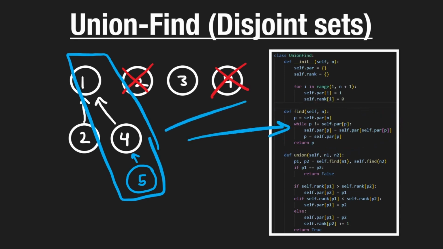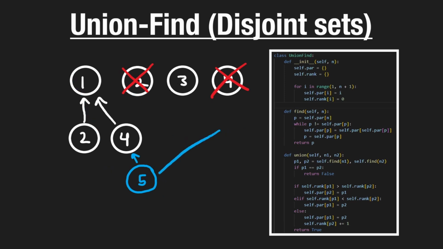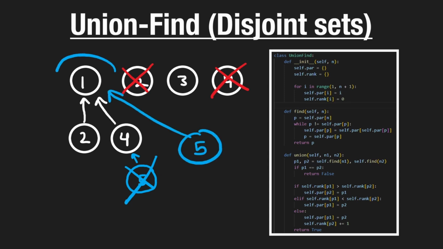So why shouldn't we do it? It's an optimization that will help us if we ever run find on 5 ever again. 5's parent is 4, but what we're essentially saying is we're going to set the parent of 5, instead of being 4, to its grandparent because that will shorten the chain. So essentially we remove this and now have a direct link from 5 to its grandparent.